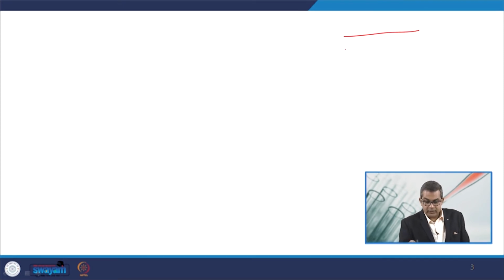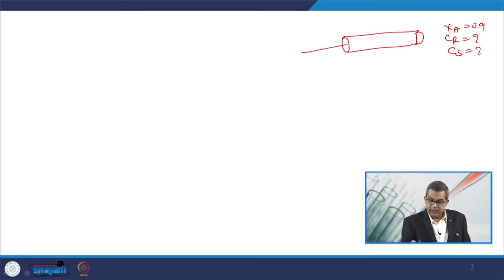So let us draw the rough figure of my plug flow reactor, where XA is equal to 0.9, CR you need to find out, CS you need to find out. Here Ca naught is given as 40 mole per meter cube.